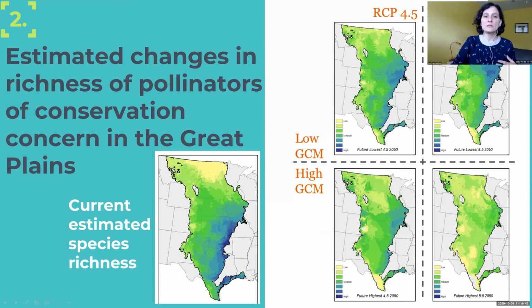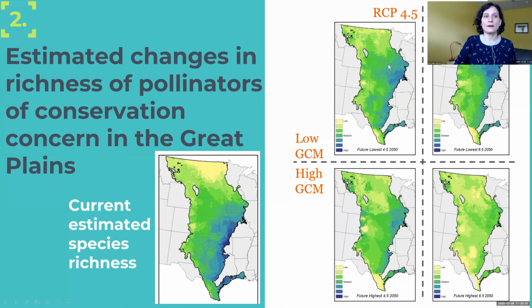The number of species overall is projected to decline in the Great Plains under the high global circulation model change of temperature and precipitation and the high emission scenario.